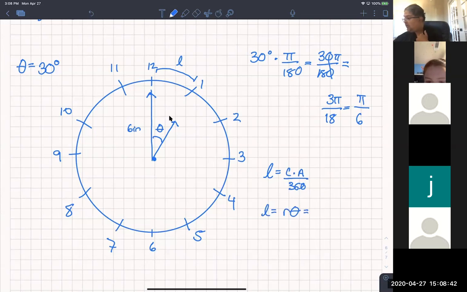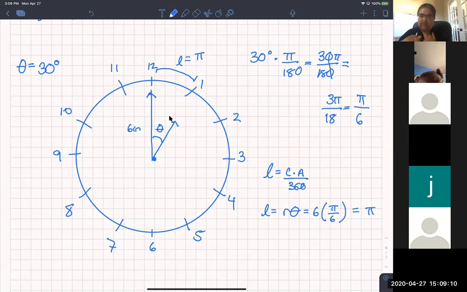So the radius is 6, and the angle measure is pi over 6. That means if we do the math, each wedge has an arc length of pi.